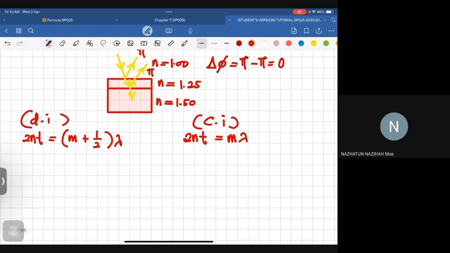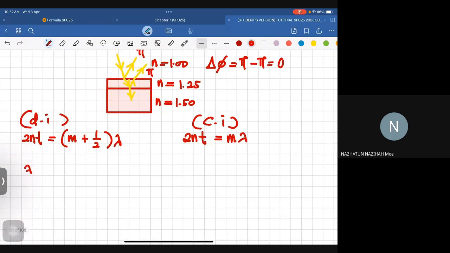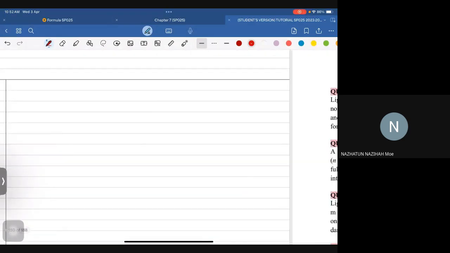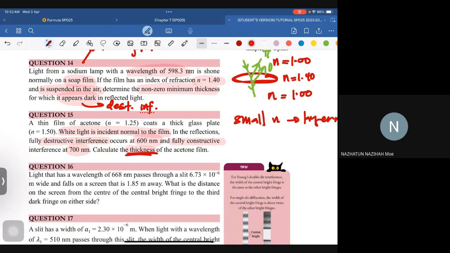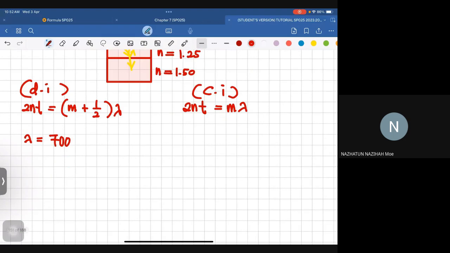Untuk destructive interference, it occurs at a wavelength of 700. What did we? Oh, sorry, 600. Destructive occurs at 600, constructive 700. So the wavelength for destructive interference is 600 nanometer. This one is 700 nanometer.